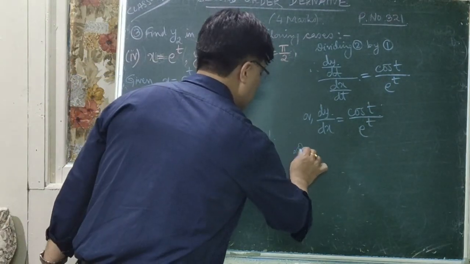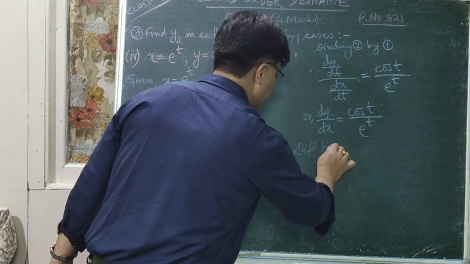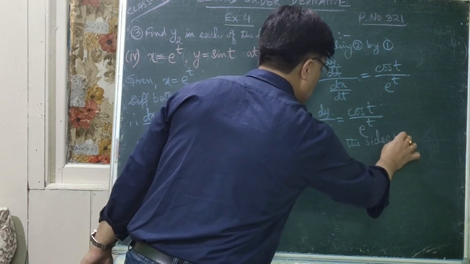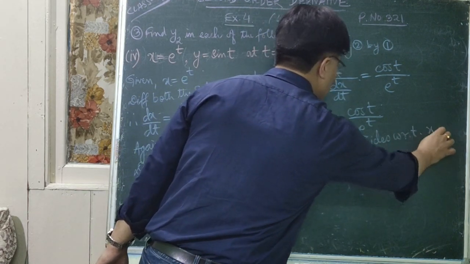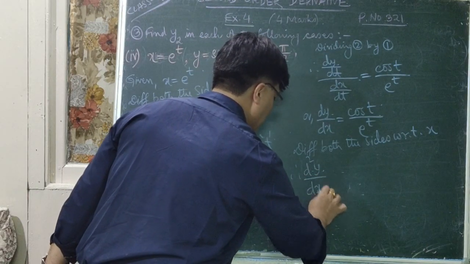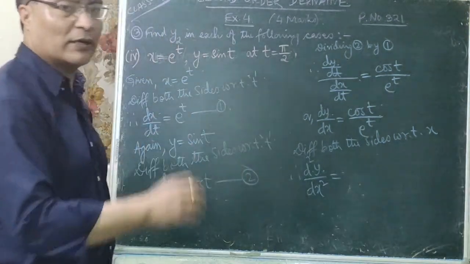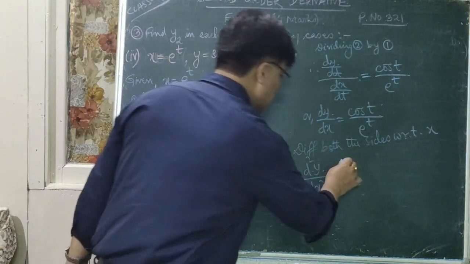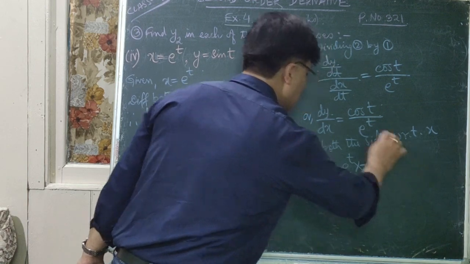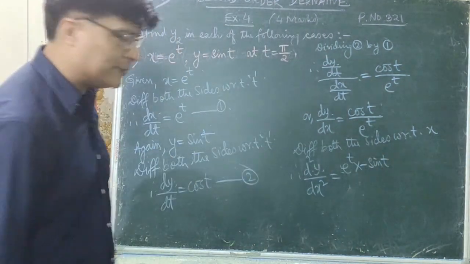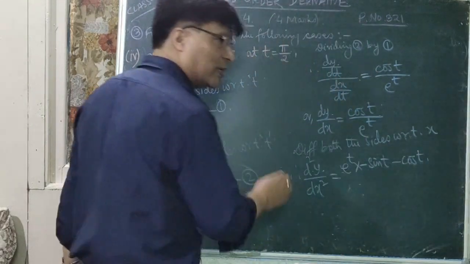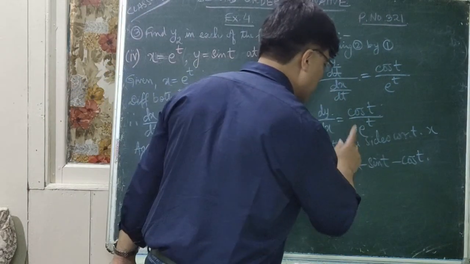So differentiating both the sides with respect to x. Therefore d square y by dx square is equal to u by v rule again. So denominator is kept as it is, e to the power t into differentiate cos t with respect to t, that is your minus sine t, minus, now cos t remains as it is, into, what is the differentiation of e to the power t with respect to x?